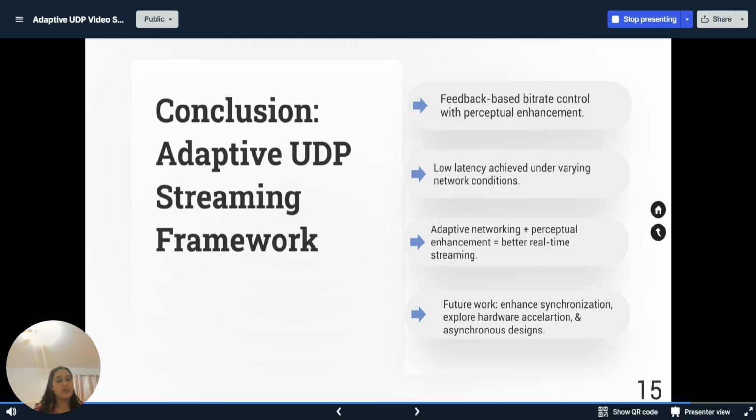For adaptive UDP streaming, we tried to make the system a feedback based bitrate control with perceptual enhancement using 3 different modes, one of them being AI.